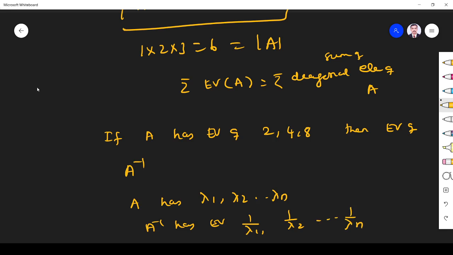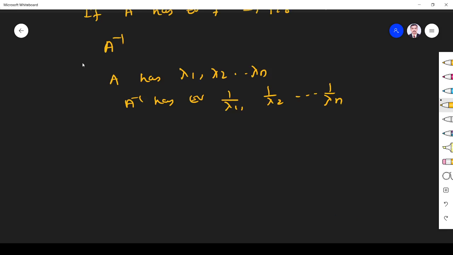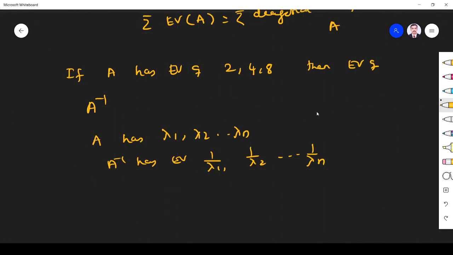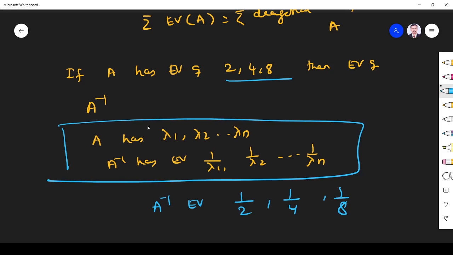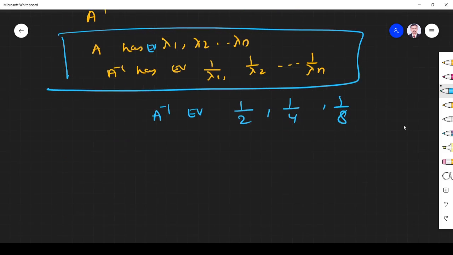Here they have given eigenvalues 2, 4, 8, so A inverse has eigenvalues 1 by 2, 1 by 4, 1 by 8. Like that we have to find the answer.